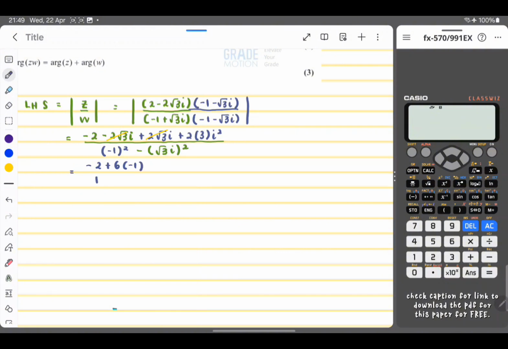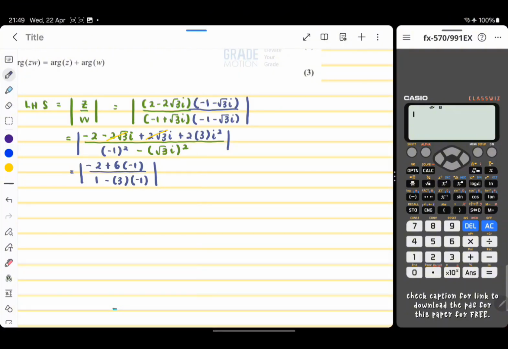And here would be 1 minus 3 multiplied by negative 1. Oh, we have to remember, we still have the modulus. We haven't done our modulus yet. So here we will get negative 8 over 4, which is equal to modulus of negative 2.